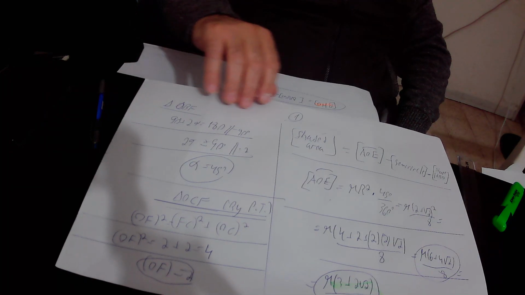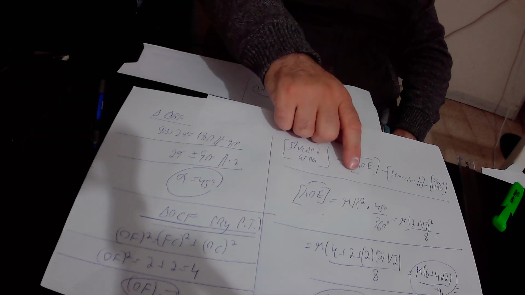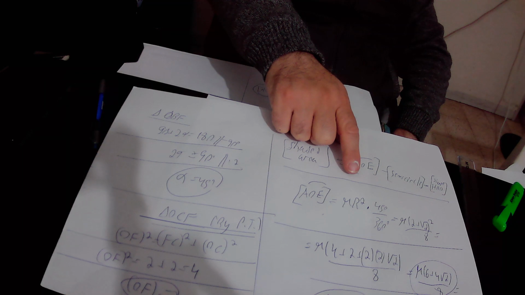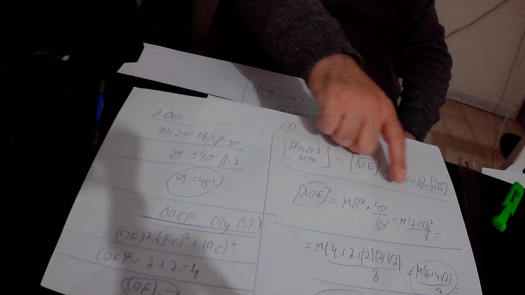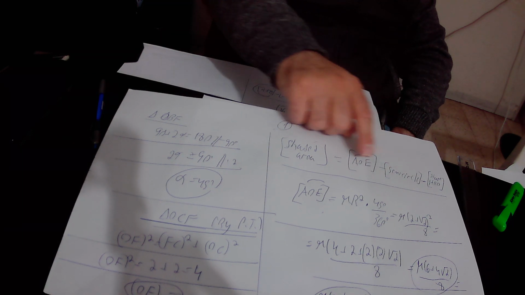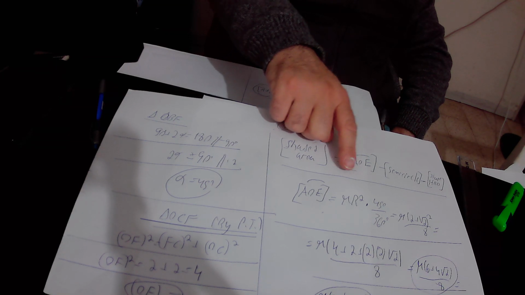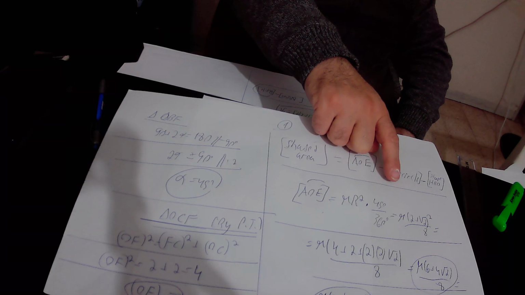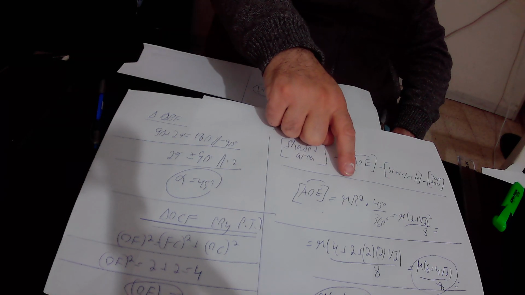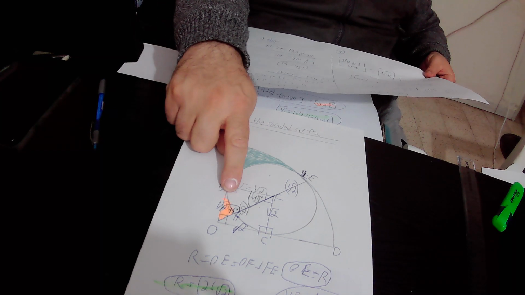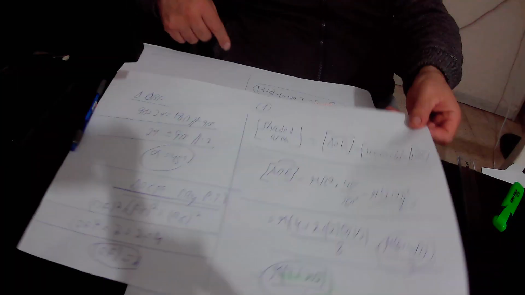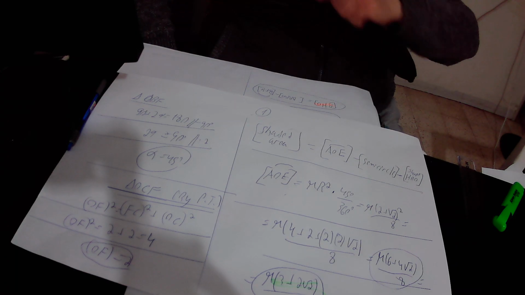Therefore, if R equals 2 plus square root of 2, it means that R squared equals (2 plus square root of 2) squared. So the area of sector AOE equals pi R squared times the angle between the legs of sector AOE, that is 45 degrees over 360 degrees.